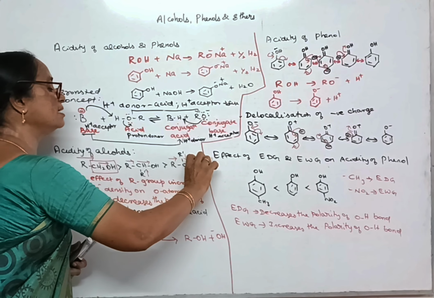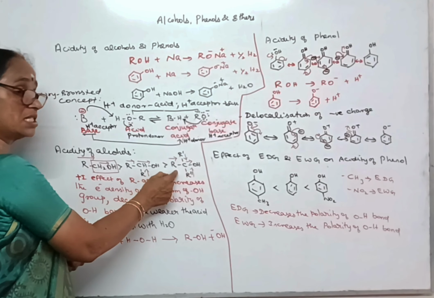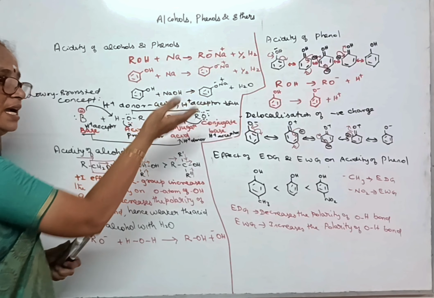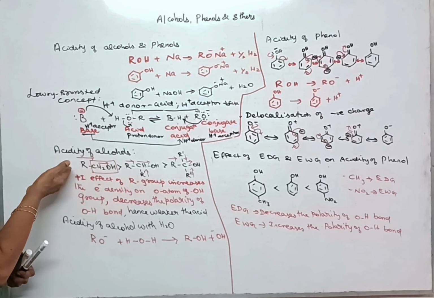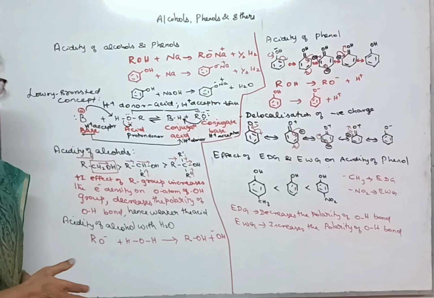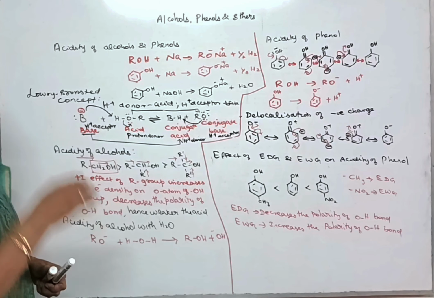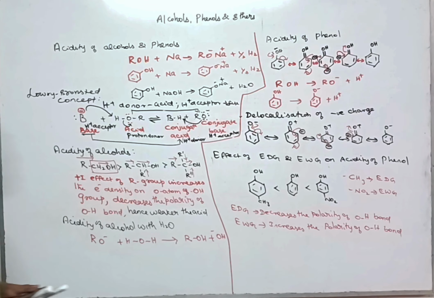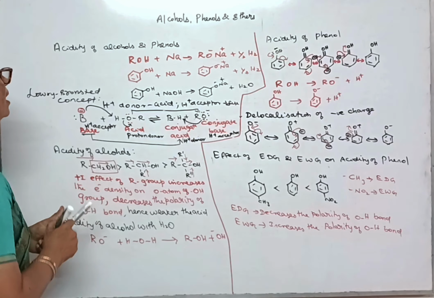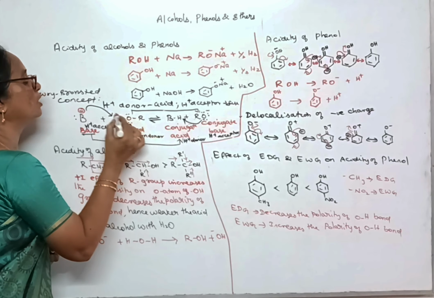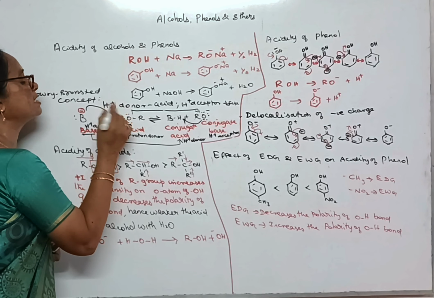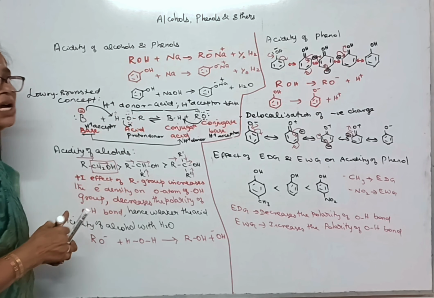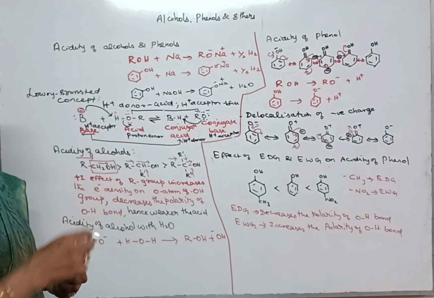Therefore, the electron density of the oxygen atom of tertiary alcohol is much higher than that of secondary or primary. When electron density increases, the polarity of the bond decreases. What do we mean by polarity? It means a positive charge on hydrogen and a negative charge on oxygen.